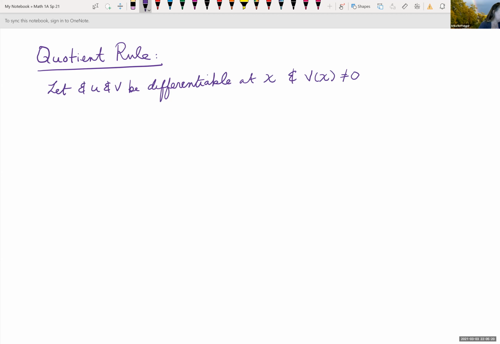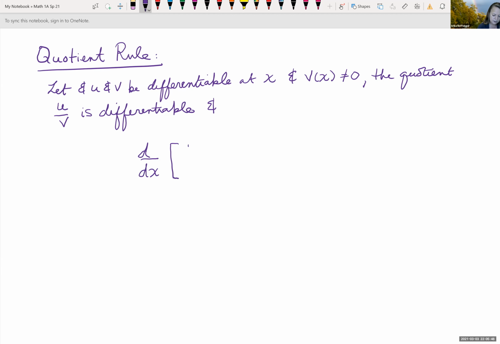We can say the following, then the quotient u over v is differentiable, and the derivative, so d dx of the quotient u over v, is equal to the following.